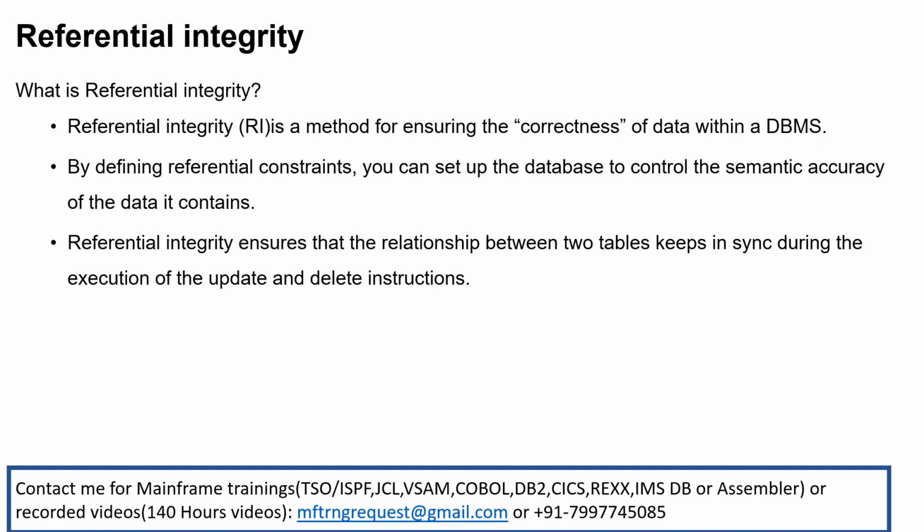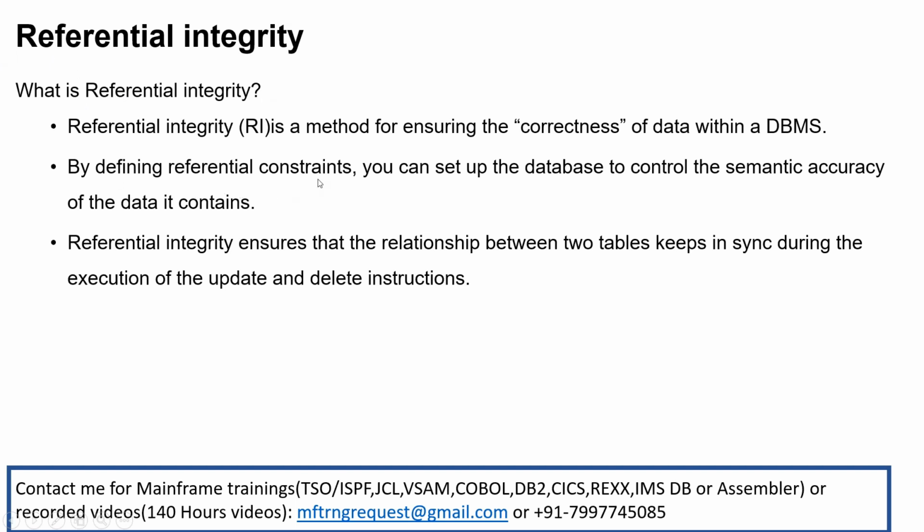It is a DBMS topic. So what exactly is referential integrity in a database? It makes sure that the data is always consistent and correct. It will ensure that the data in tables always has correct data. For that case, we will go with referential integrity.